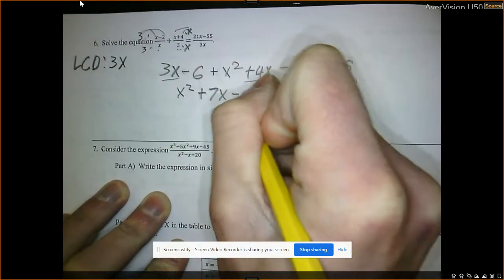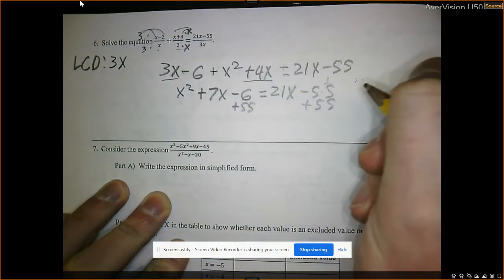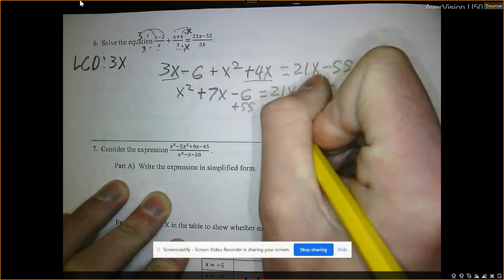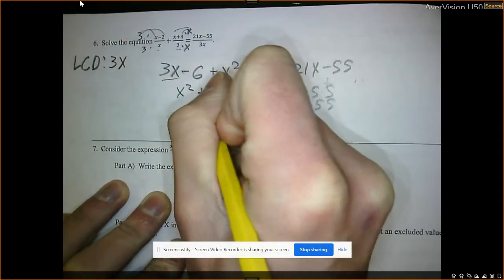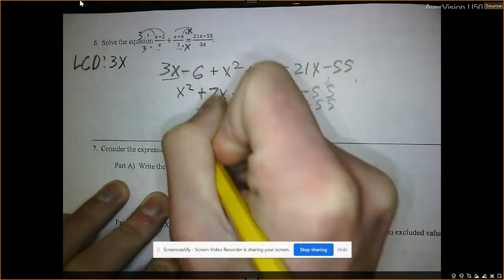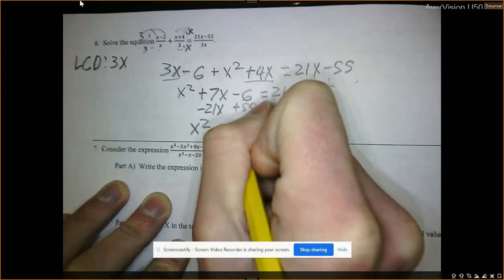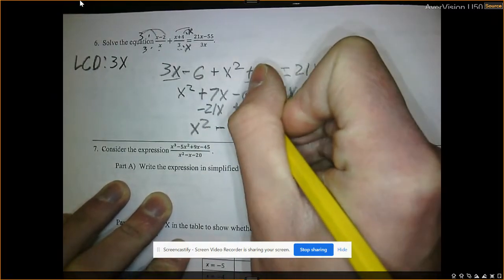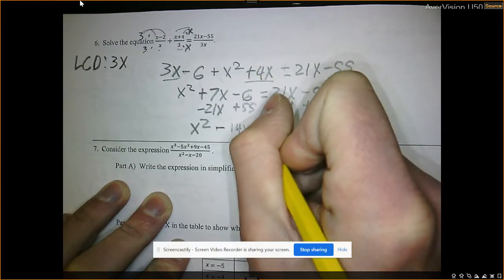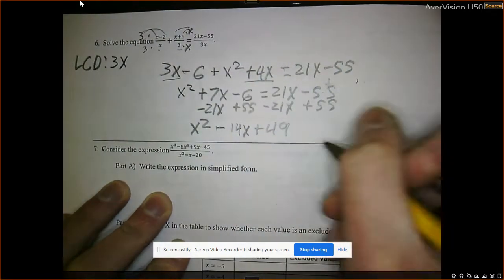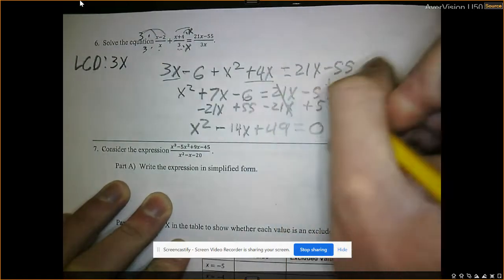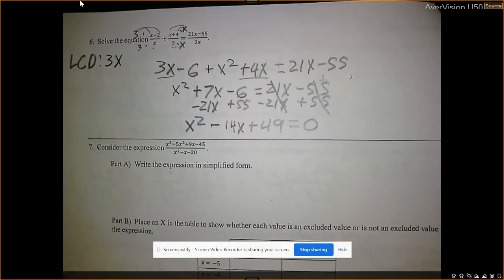We got to get it set equal to 0. That's when we can solve quadratics like this. So we're getting everything to one side. We then get x squared minus 14x. Negative 6 plus 55 is 49. And that is now set equal to 0 because these things cancel like we wanted them to.